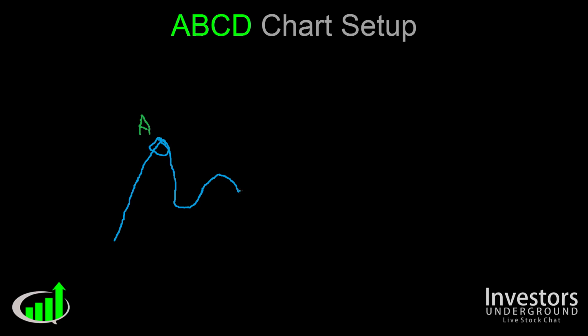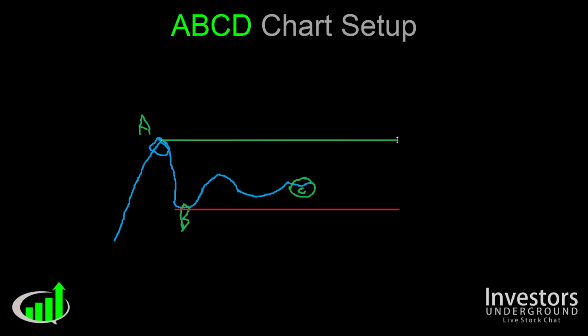Well, what we want to see is it kind of do like this, and this is what we see the ABCD pattern as. So B is the subsequent low, and C is anywhere in this area here. And the goal of this chart is to have a set risk down towards B, and your first target is somewhere around that A area to see how it trades.